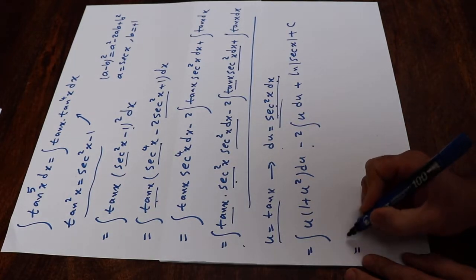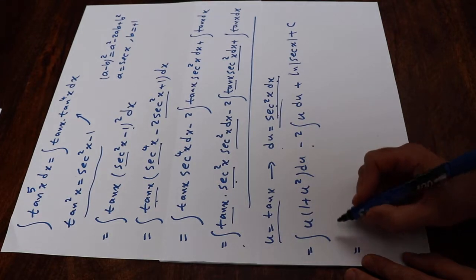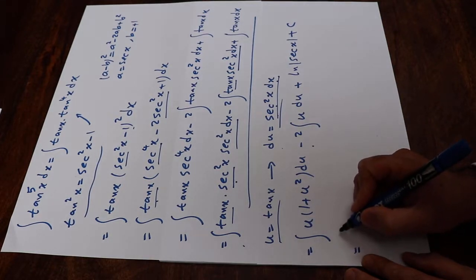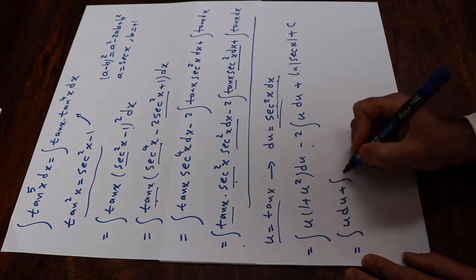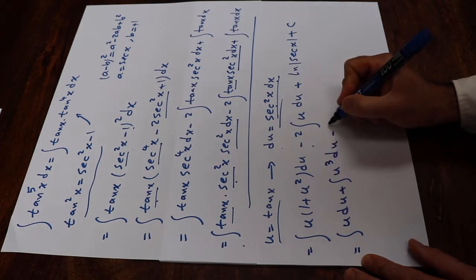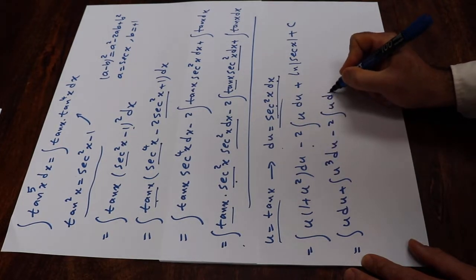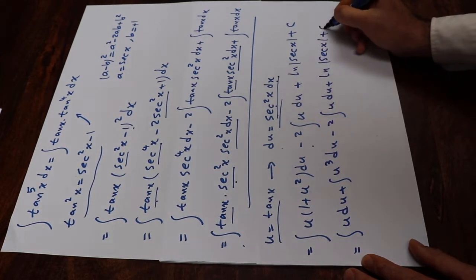Now this integral is relatively straightforward to calculate. That will be equal to the integral of u times 1 du, that is u du, plus the integral of u times u squared du, that is u cubed du, minus 2 times the integral of u du, plus ln secant x plus c.